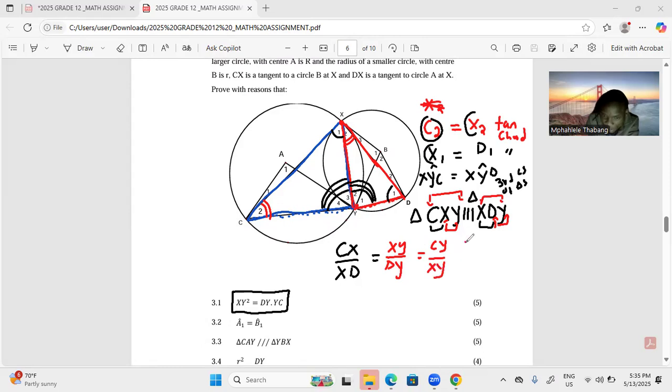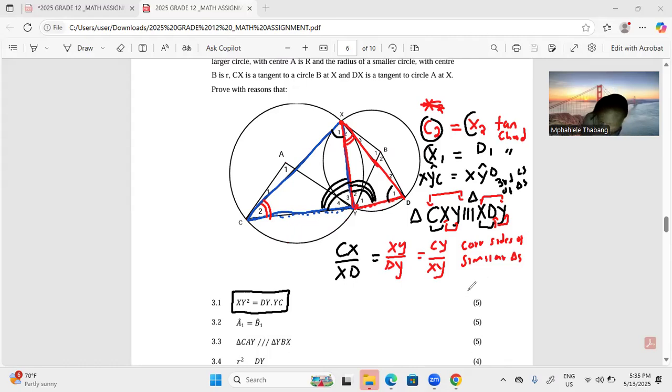These are the corresponding sides of similar triangles. Corresponding sides of similar triangles are in proportion.